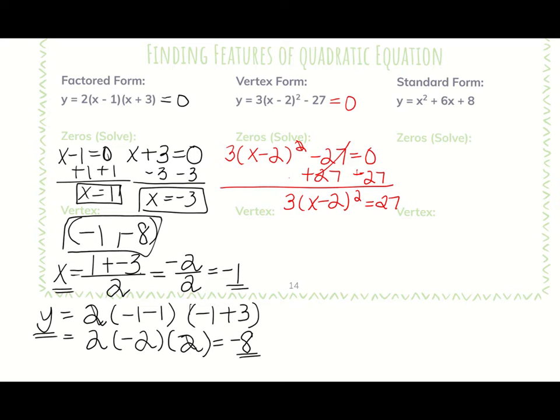Well, that squared piece still isn't by itself. I've got this times 3 still. So how do I get rid of multiply by 3? Divide by 3. And that gives me x minus 2 squared equals 9.